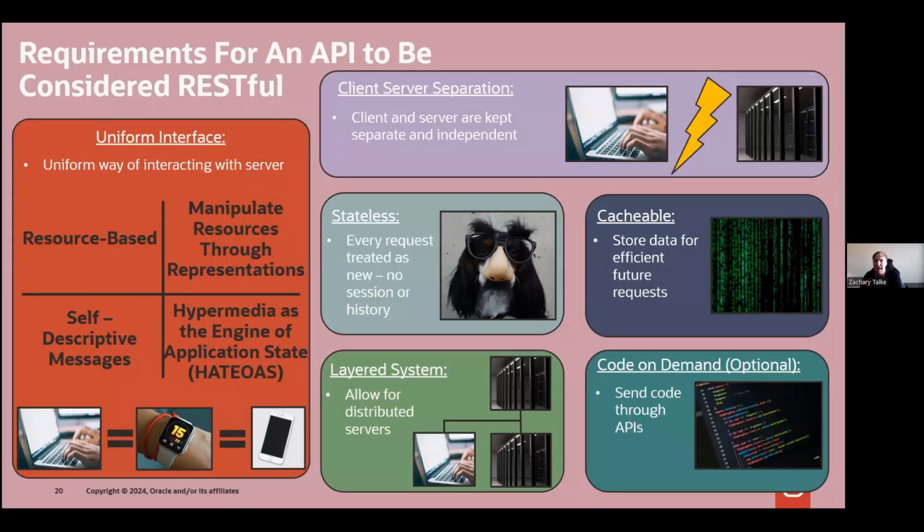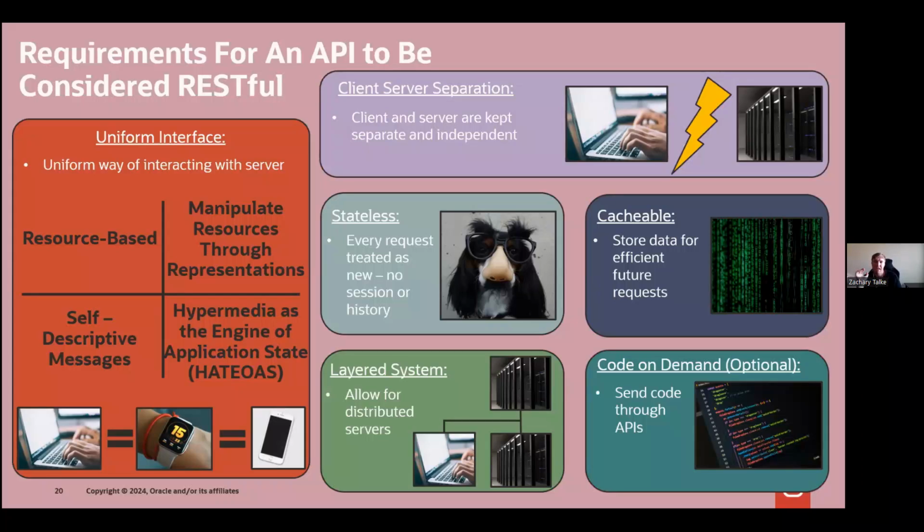And then you also have code on demand. This is about allowing you to send code or applets, which are small little applications, through APIs. The reason this is optional is because while they can be very useful for being able to pass on information and update your applications, aka your client, there's also a huge security risk here with the ability to put code injections.